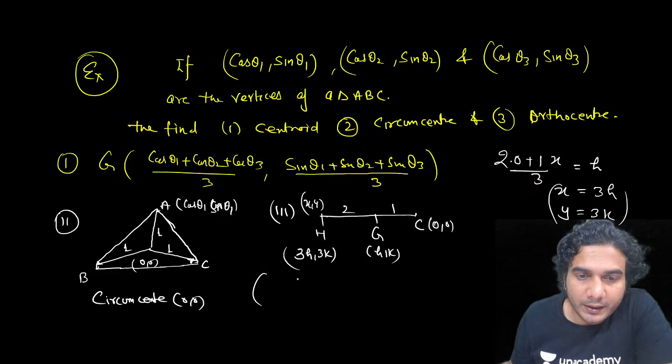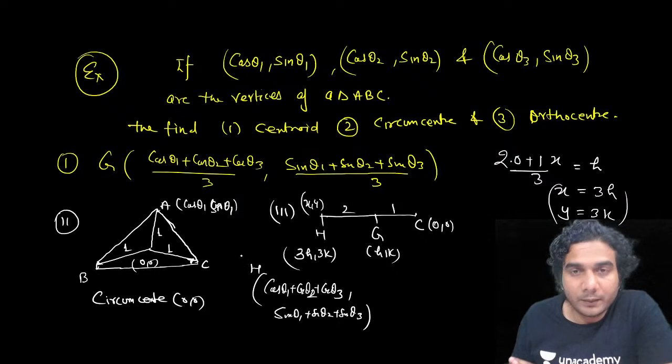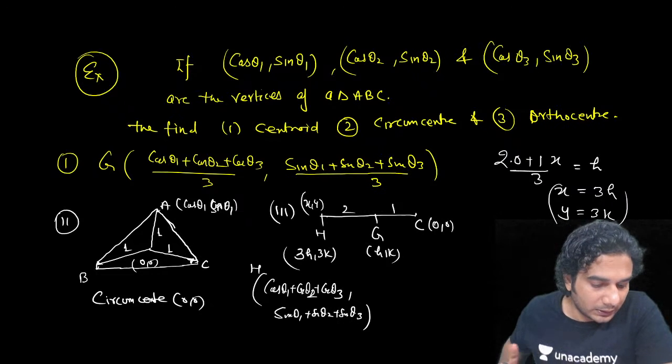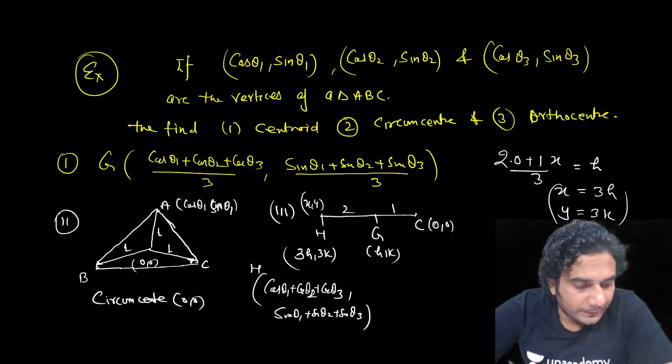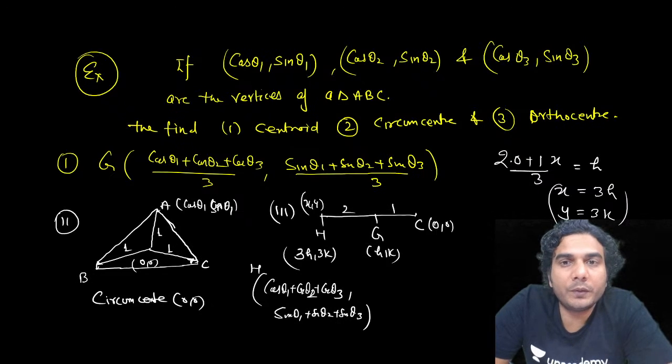So the x coordinate is the sum of cos theta, and the y coordinate is sin theta 1 plus sin theta 2 plus sin theta 3. So these are the coordinates of the orthocenter. This is a very important point, something which I was trying to mention here.